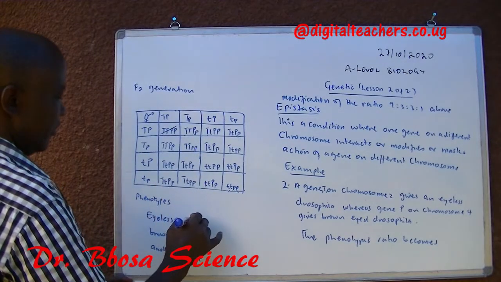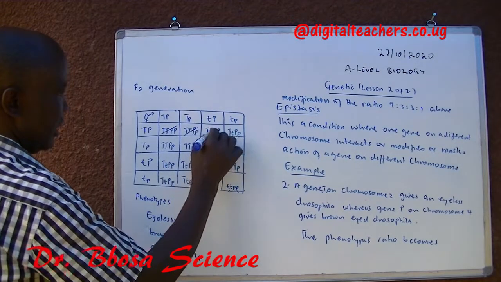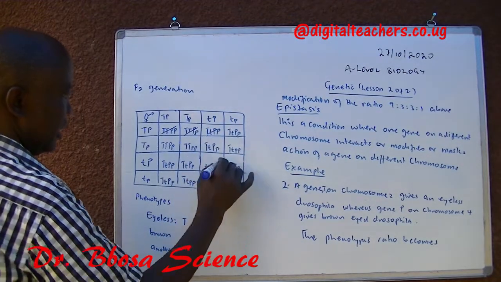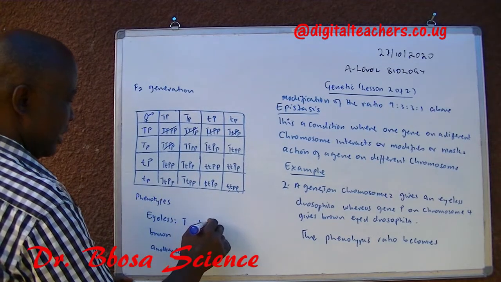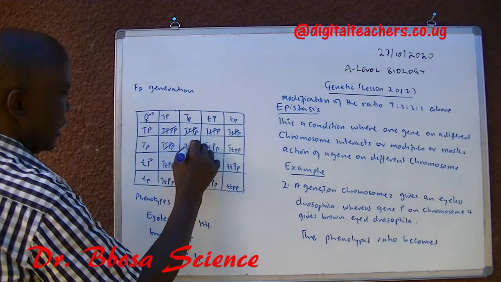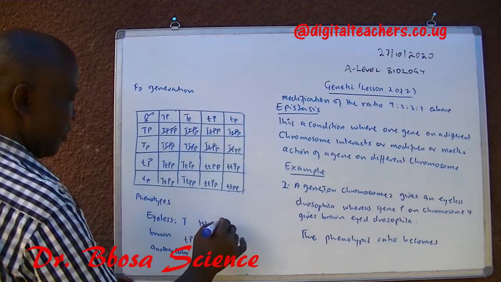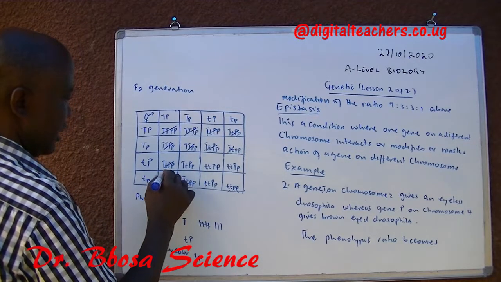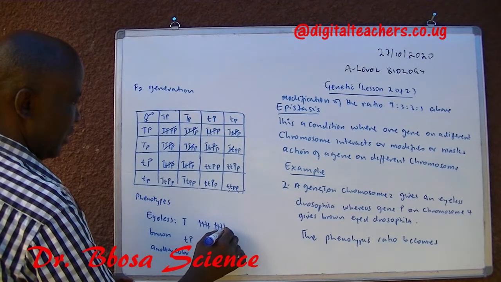That is 1, 2, there is a capital T, there is a capital T, and so on, though there are no eyes.